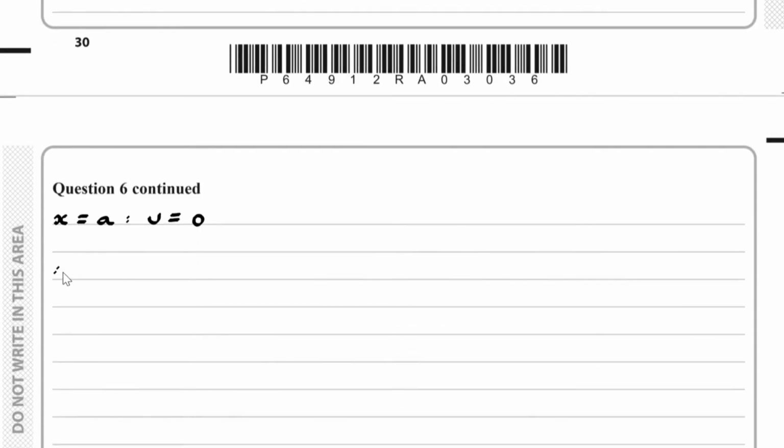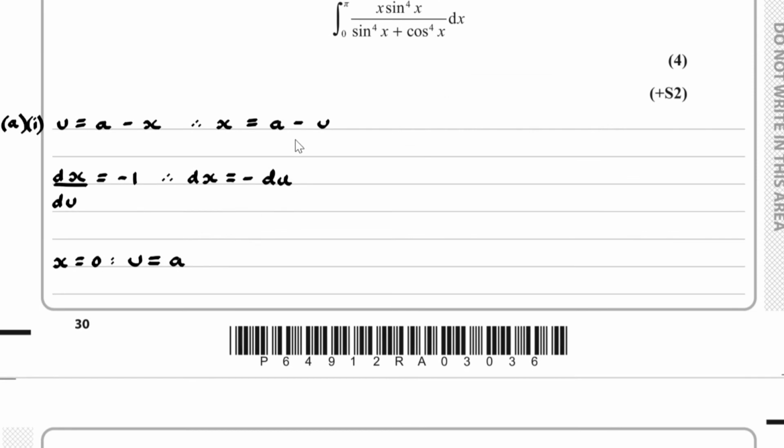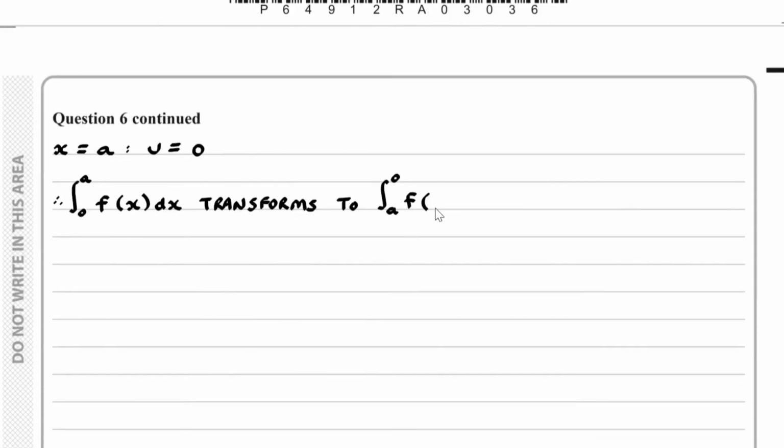And so therefore, the integral from 0 to a of f of x with respect to x, this would transform to the integral of, well, instead of 0, I'm going to have a, and instead of a, I'm going to have 0, and then the x we can replace with a minus u, so I'll have f of a minus u multiplied by negative du.